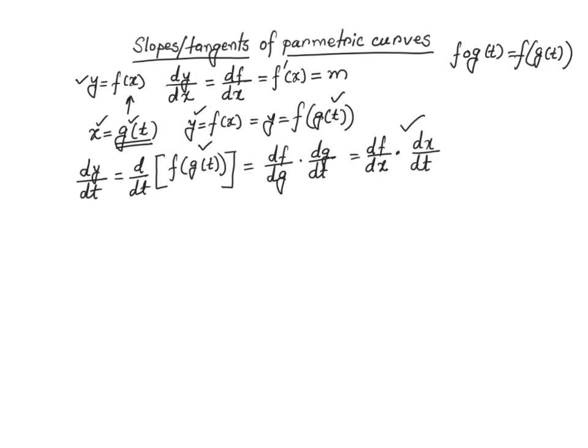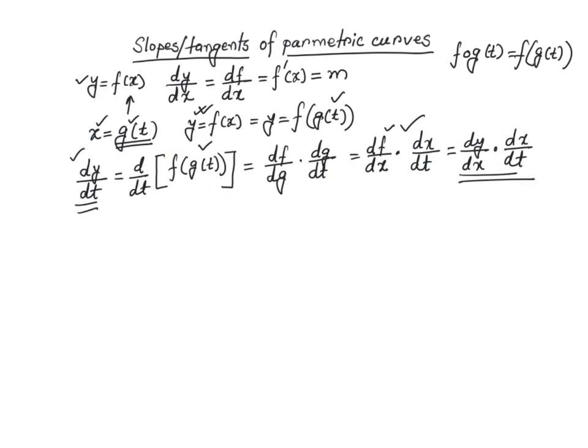This is the Leibniz notation for chain rule. Just to clarify, now f is nothing but y, right, in our case. So this is going to be dy over dx times dx over dt.